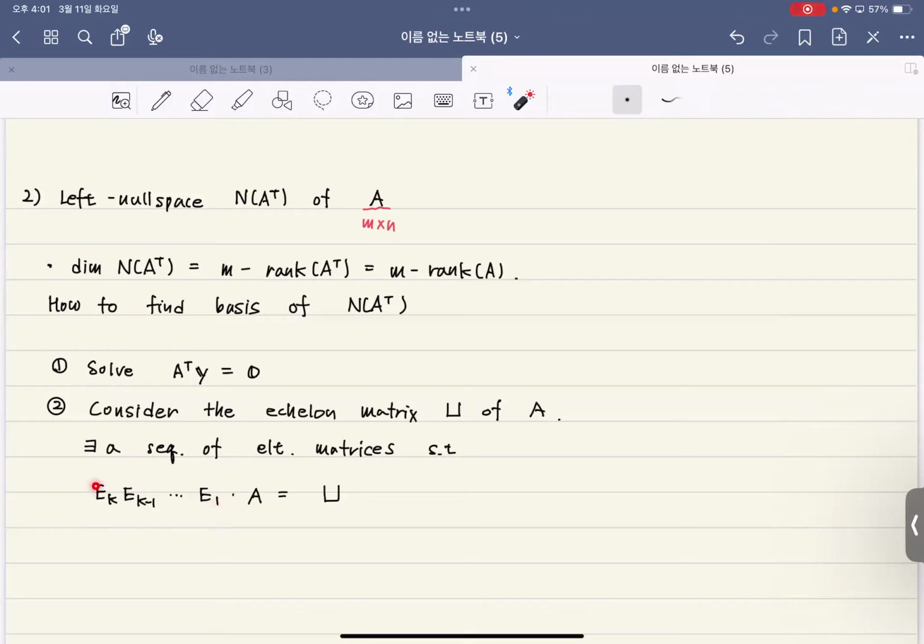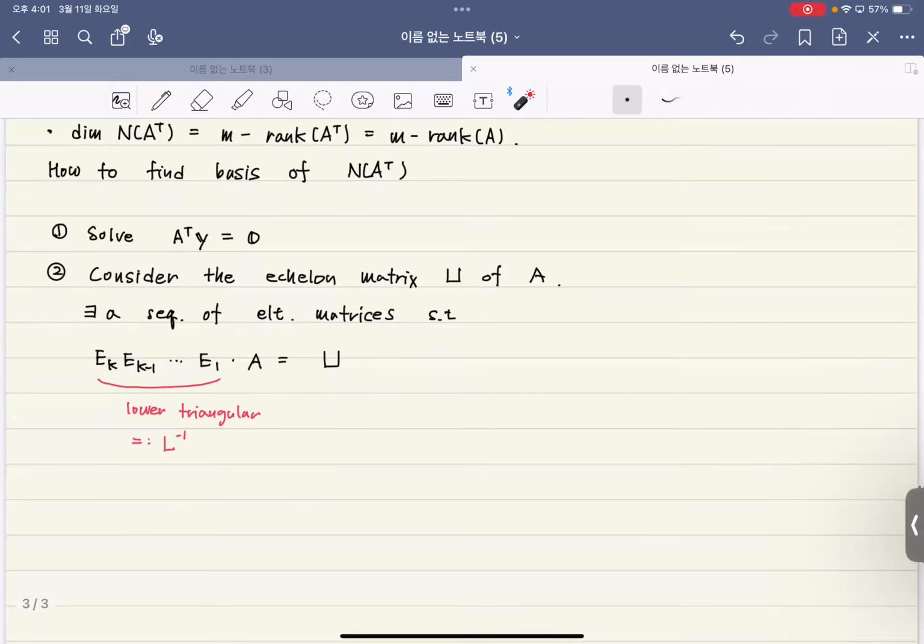Therefore, the product of all these matrices is still going to be a lower triangular matrix. And the most natural way to name this matrix is L inverse. I'm going to give the name L inverse to this guy.